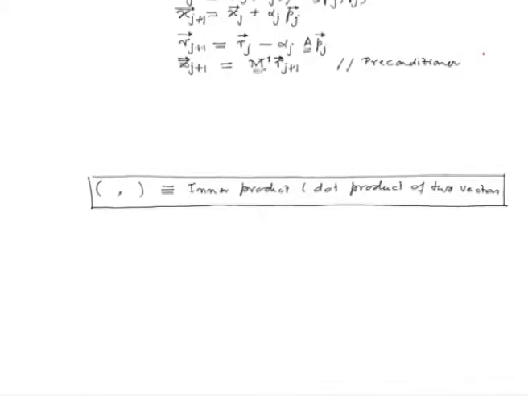Okay. Now we would compute yet another scalar quantity beta j. Beta j is given by the inner product of Rj plus 1, Zj plus 1, so the dot product of these two vectors, divided by Rj, Zj. Now in this evaluation we would compute only one of these inner products, and we do not have to repeatedly compute in the same iteration step.